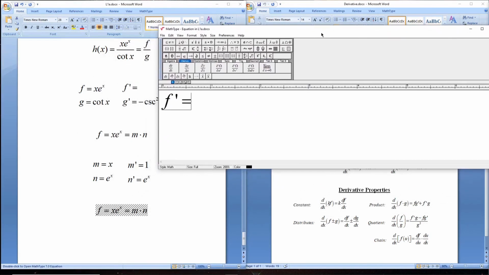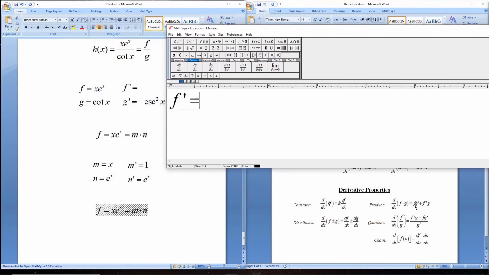So looking at the product rule, in your brain, try to switch these f and g's to m's and n's. So the product rule here is saying, what is m? Well, m is x. And then it says, we'll multiply by the derivative of n. Well, the derivative of n is e to the x.